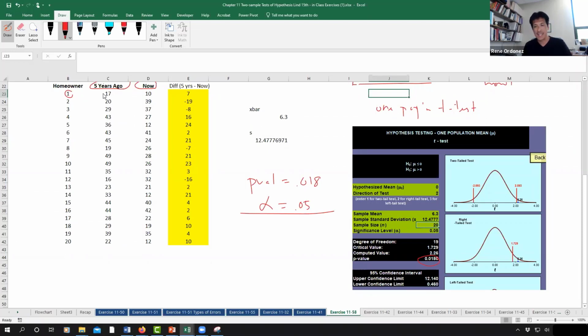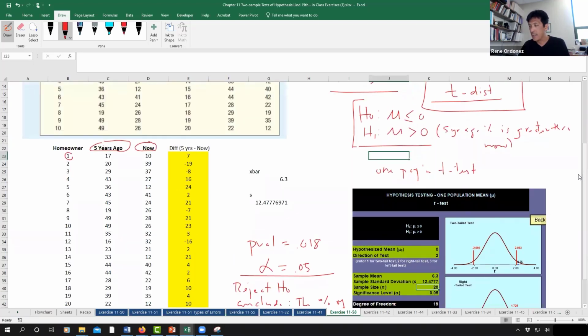So with this, we will conclude to reject H0, and by rejecting H0, we will conclude that the percent of income spent on housing, let me make sure that I'm using the correct statement.